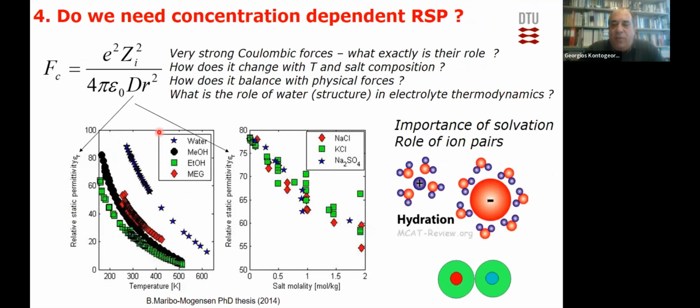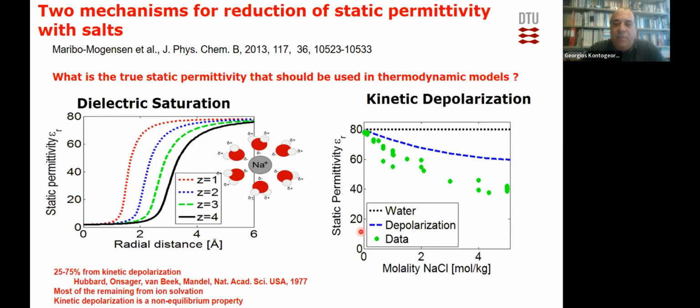So the fourth question, which is very much related to the Born term and some of the previous, is exactly which relative permittivity should we be using in those types of models? Because the relative permittivity, or dielectric constant, depends on temperature, but it very much depends on the concentration. It decreases typically with the concentration. Should we include that in thermodynamic models for electrolytes?